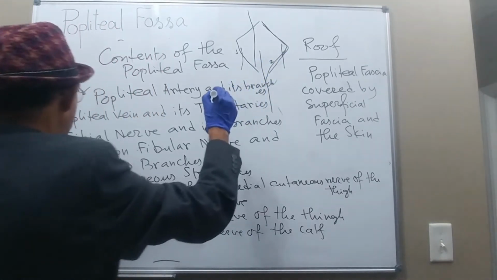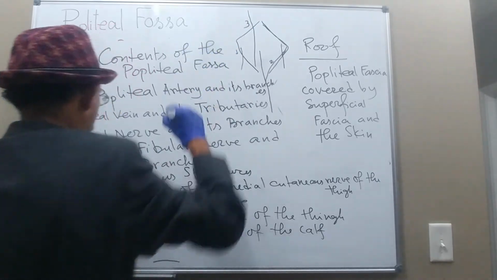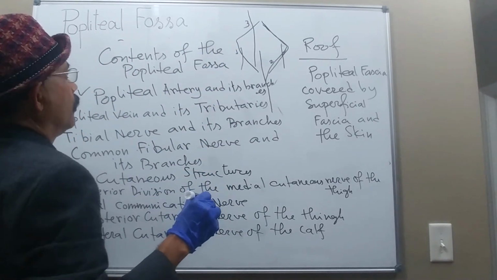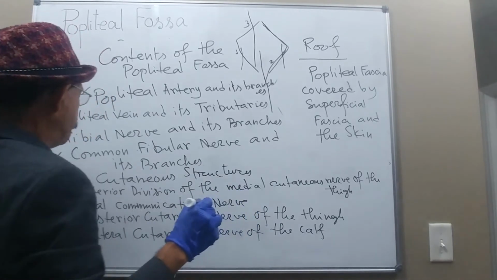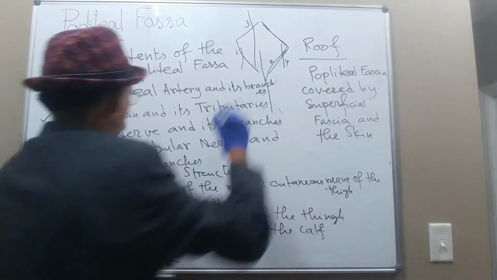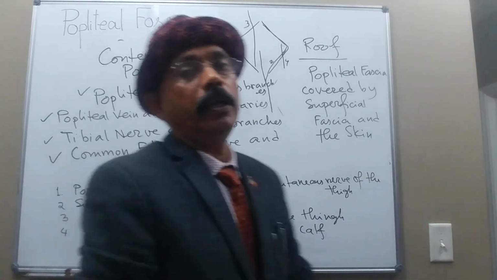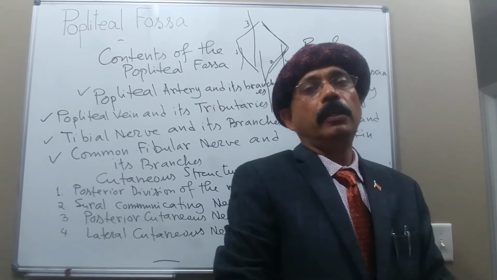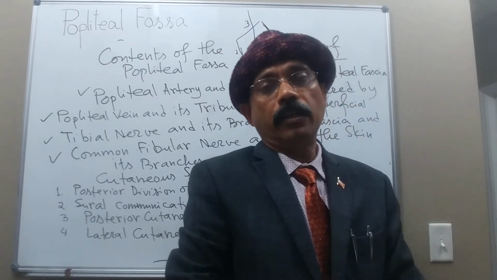Number 3 is the posterior cutaneous nerve of the thigh. Then we have the lateral cutaneous nerve of the calf.